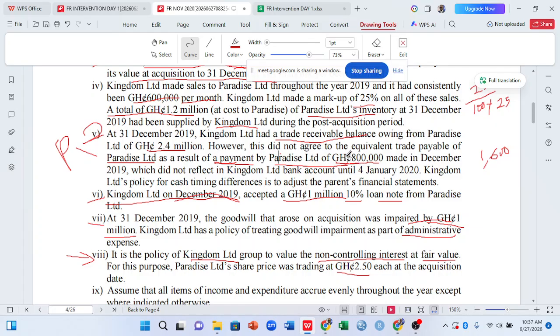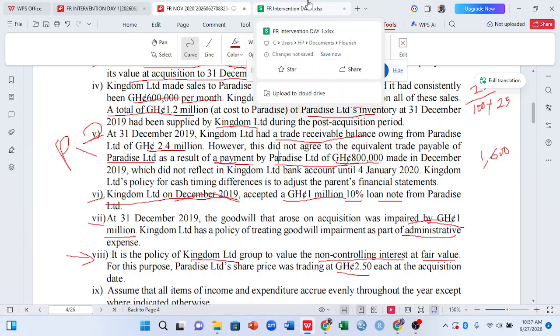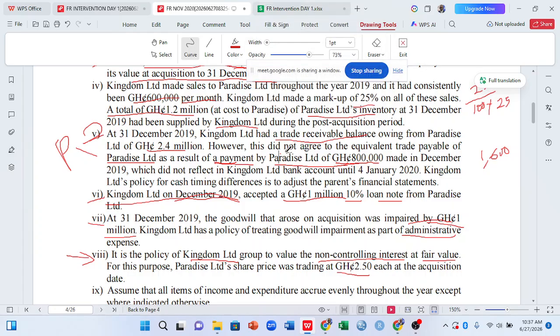So how much were we owing before this payment? That would be the difference. So how much we're owing after will be 2.4 million minus the 800,000. So it means that now we are owing 1,006, right? Yes.